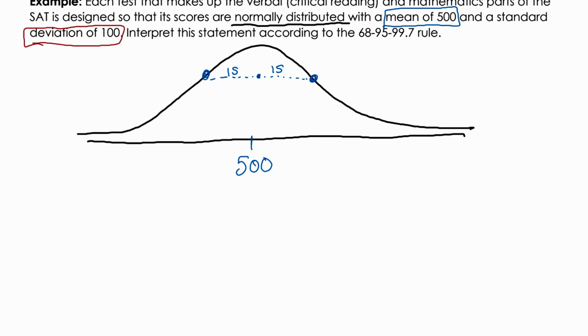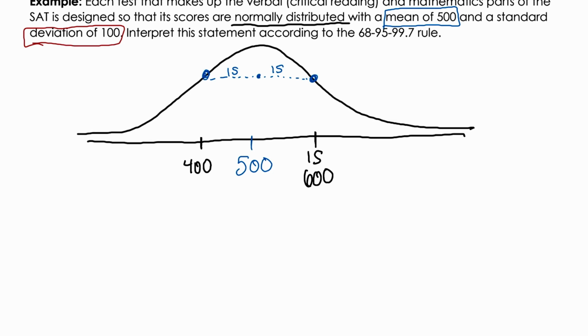So if I come out 1 standard deviation to the right, think of this as a number line. If I start at 500 and I go 1 standard deviation to the right, since 1 standard deviation represents 100, this is going to be 600. If I come out 1 standard deviation to the left, looking at this as a number line, I'm going down in numbers, so this is going to be 400.